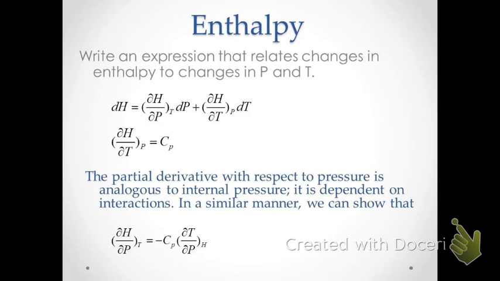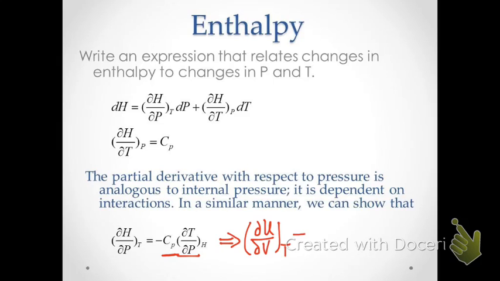We'll also note, analogous to the internal pressure, that dH/dP at constant T is equal to negative Cp, the constant pressure heat capacity, times this derivative of temperature with respect to pressure under conditions of constant H.